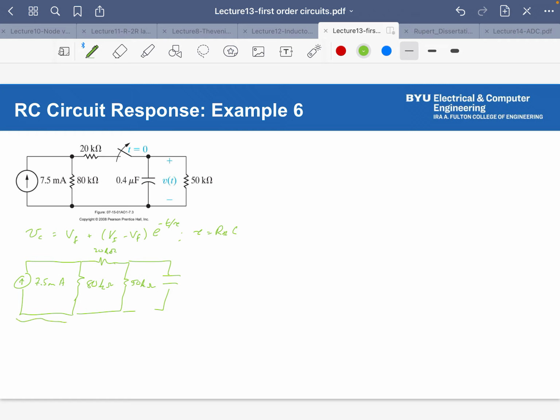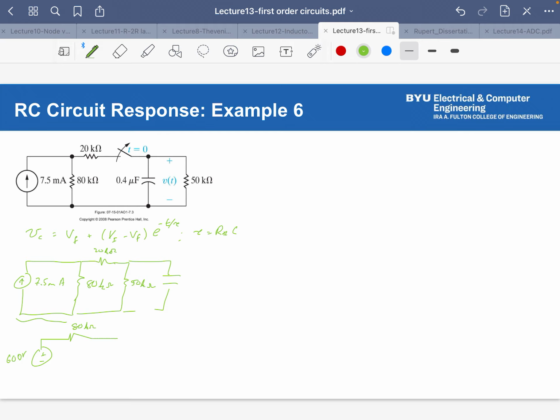So we could do source transformations. So this is going to be a voltage source. Here we'll have 80 kilo ohm, and then we'll have 7.5 times 80. 7.5 times 80 gives me 600 volts.